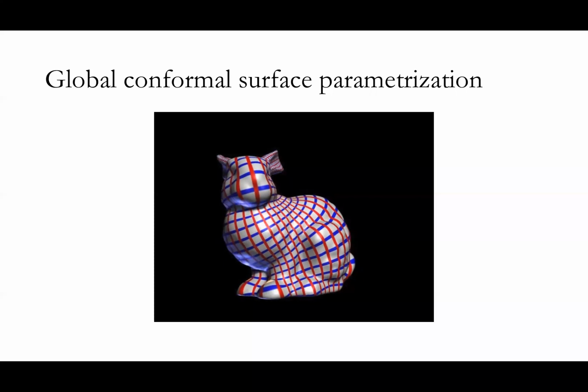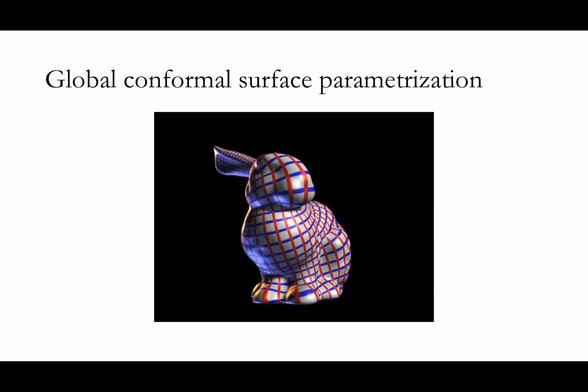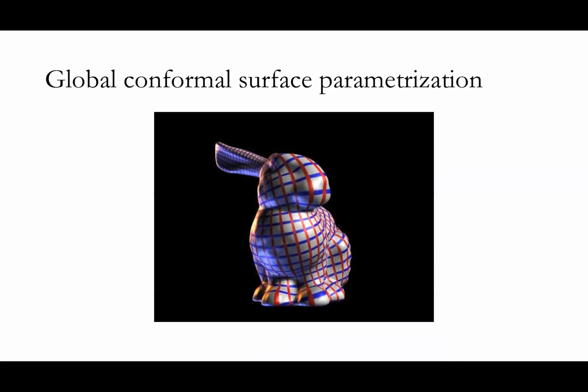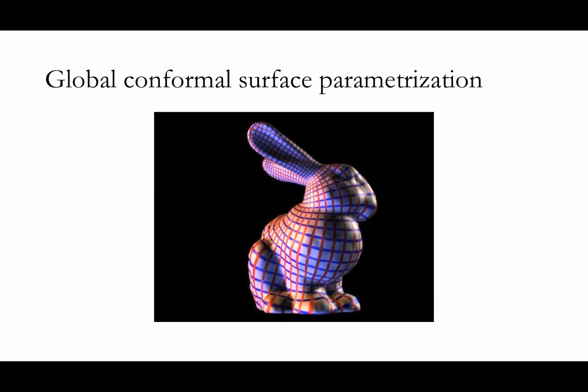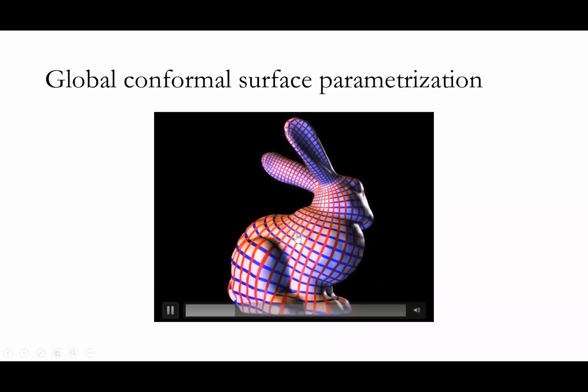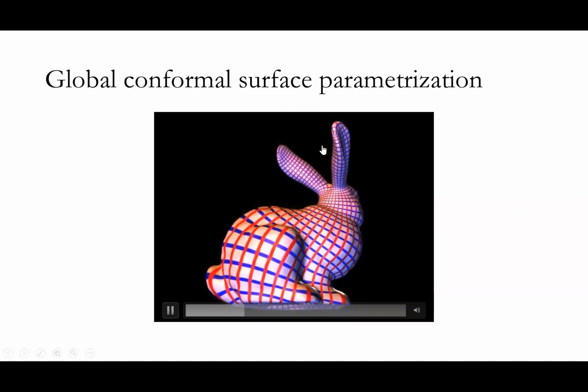So here we show a global surface parameterization, without cutting the surface into pieces, only one segment. And this gives you a very regular tessellation. You see the quad mesh on the surface.